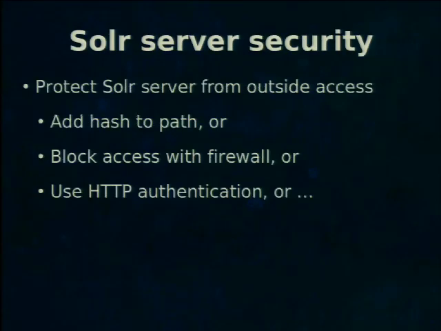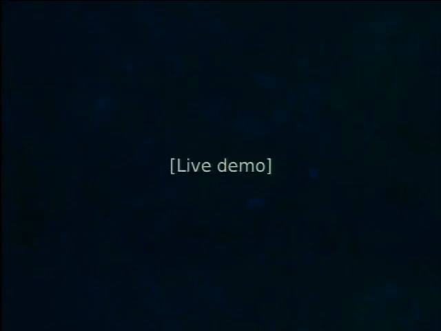You could just block outside access with a firewall, which is, of course, only possible if the Solr server is only accessed locally, so if the web server is running on the same machine. And you can also use HTTP authentication. You can look up how that is done via Google, of course.